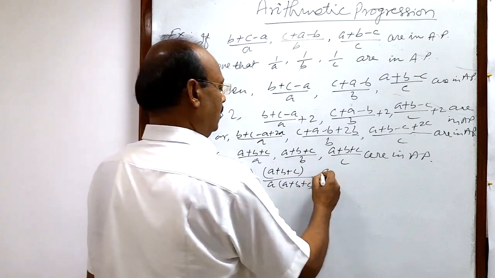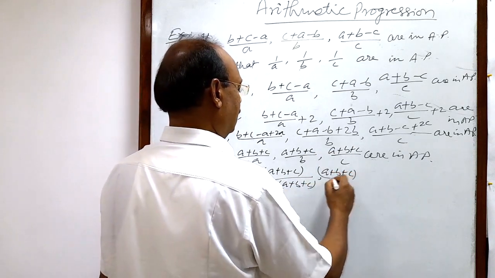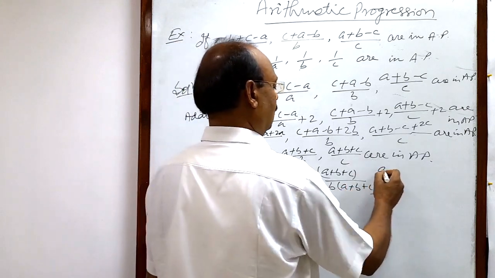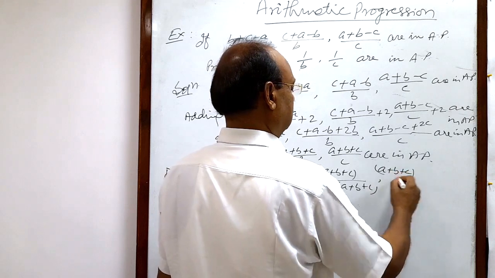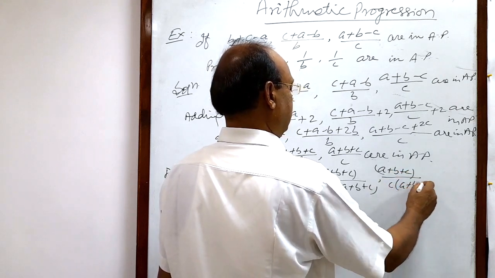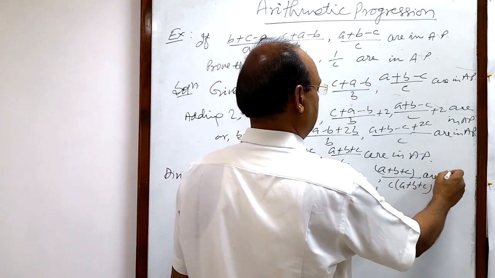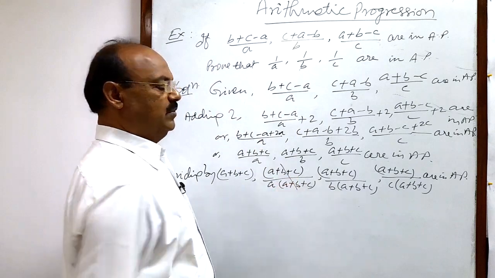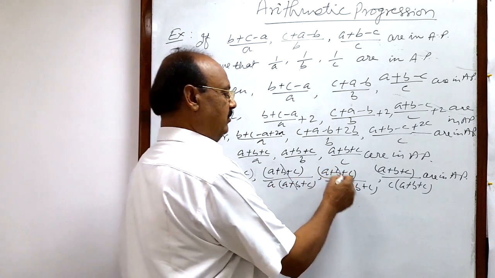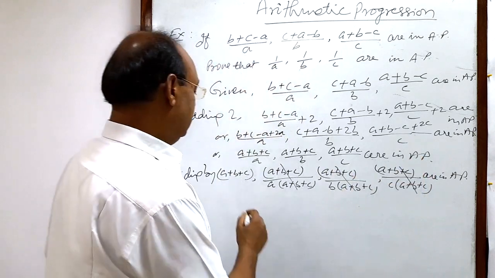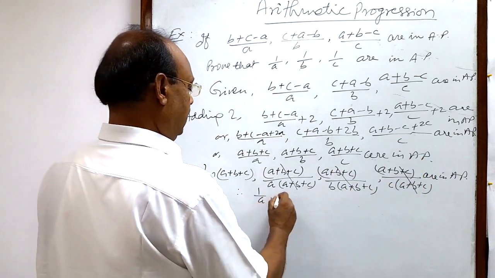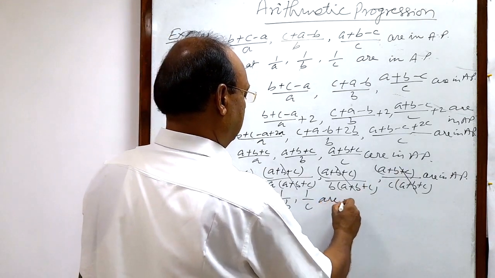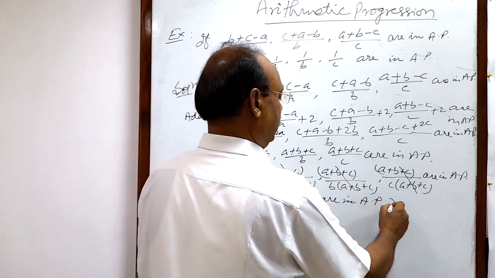Similarly in every term: (a + b + c)/a, (a + b + c)/b, and the last term (a + b + c)/c. So these numbers are in AP. Very interesting, very simple. What is the benefit? a + b + c will cancel out in every term, so we get the result. Therefore 1/a, 1/b, and 1/c are in AP. Proved.